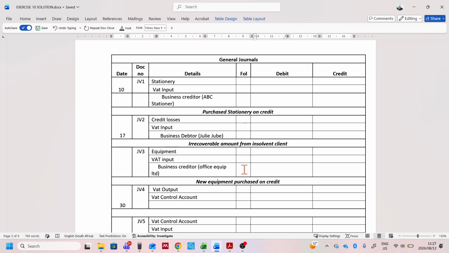When a customer can no longer pay us, we cannot record it in the other journals, but we need to make an adjustment to the customer account that he will no longer pay us this money. So all of those transactions go to your general journal. If you are charged interest, we need to make an adjustment to the money that we owe the bank or to the business creditor. So all those adjustments are made in your general journal.